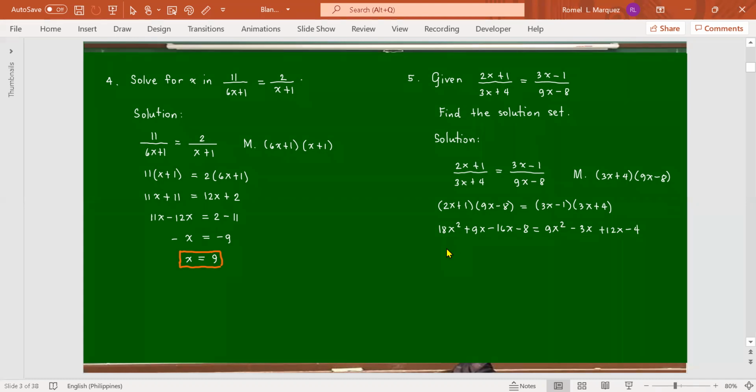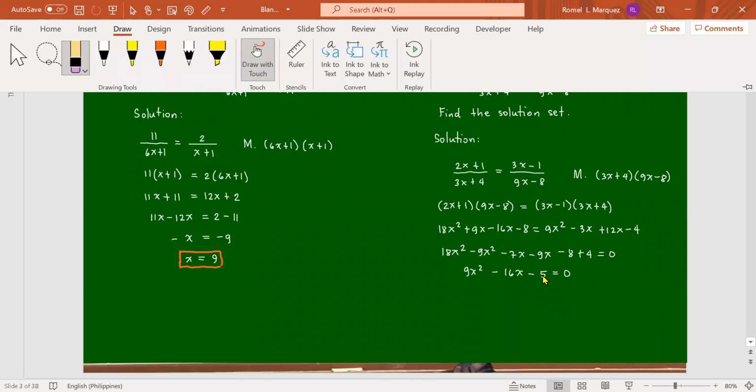So expressing everything on the left side, we get 18x squared minus 9x squared. For linear terms, we have negative 7x, and then here minus 8. Linear here is positive 9. Then expressing it on the left side, we have negative 9x.